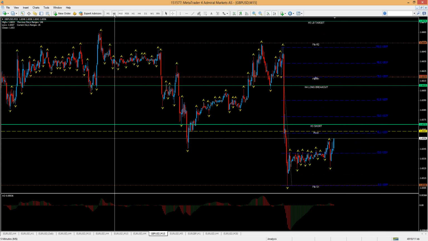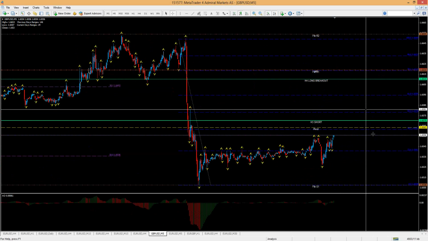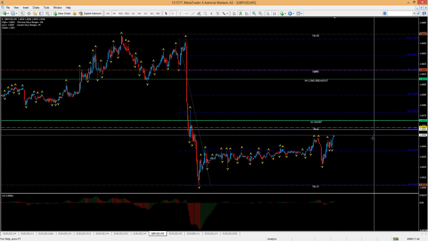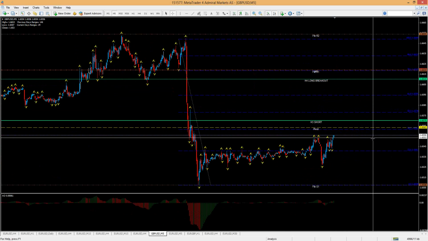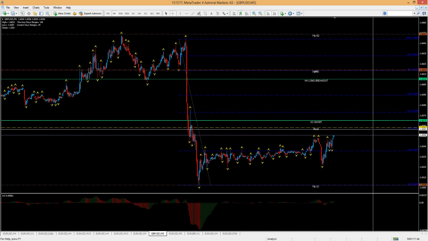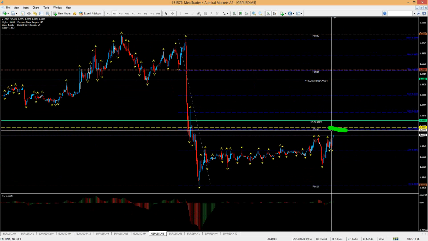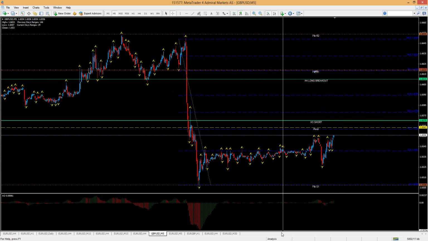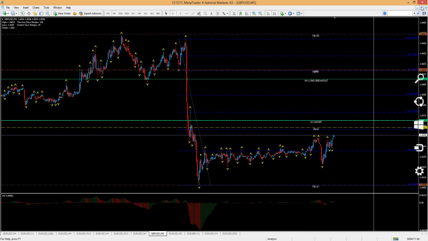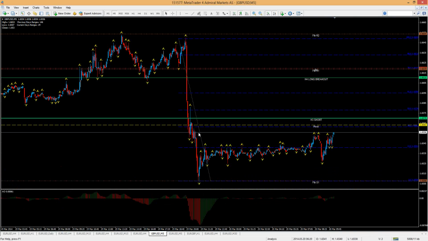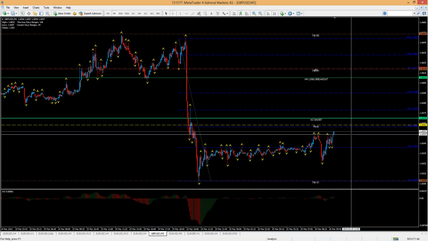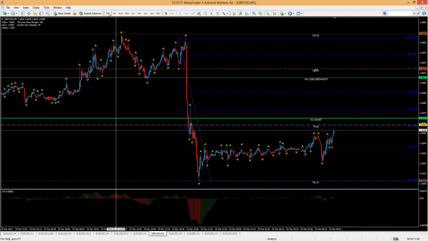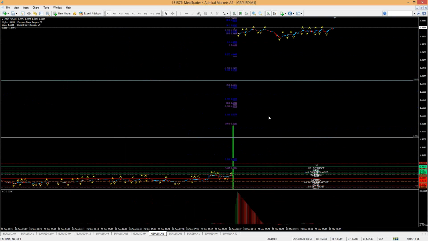It's actually moving up now as we speak. And it's actually reaching a pivot point and the 38.2 fib. So it could be interesting for a sell very, very soon. It's worth keeping an eye on, in fact.